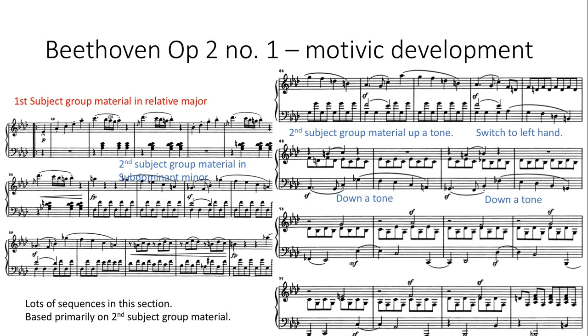We're just starting in a new key, and we're using some first subject group material, this ascending broken chord with the twiddle at the end, and we've also got some second subject group material, which happens later, this descending figure.